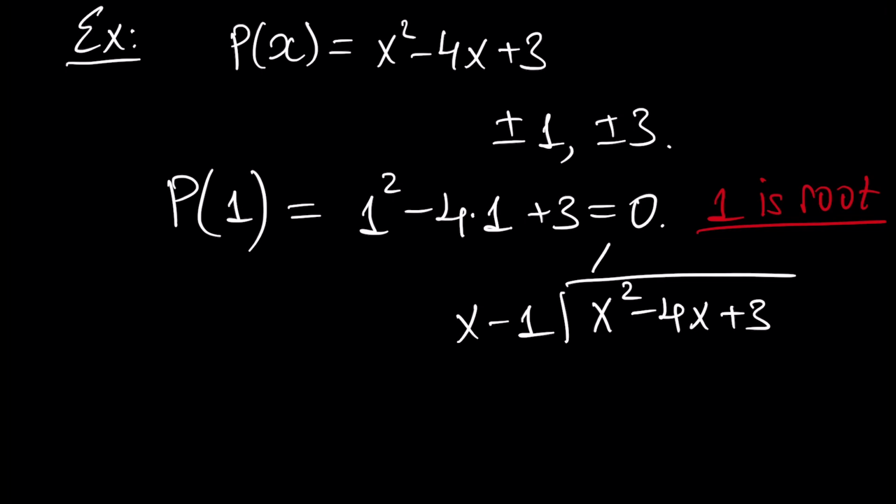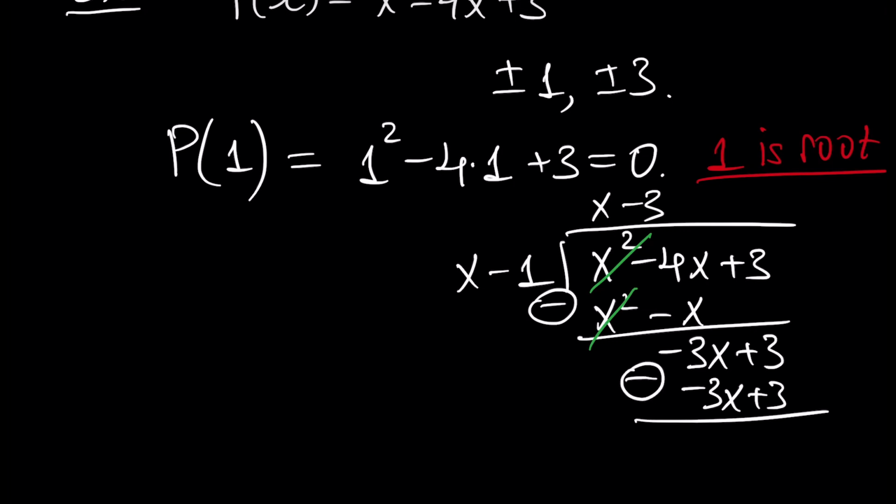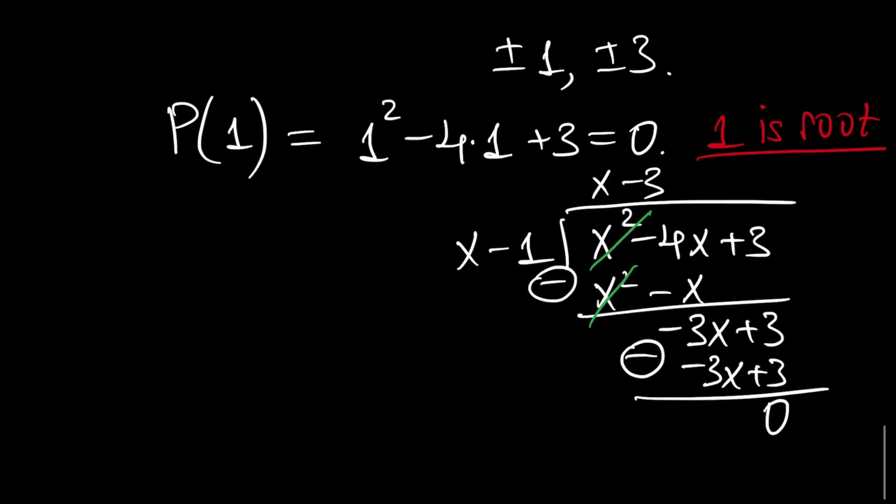And when we perform a division, let's perform our division very quickly. We have a cancellation here. And we will have here minus 3x plus 3, minus 3x plus 3. And when we perform a subtraction, we will have a 0.